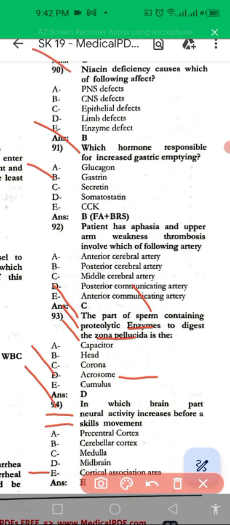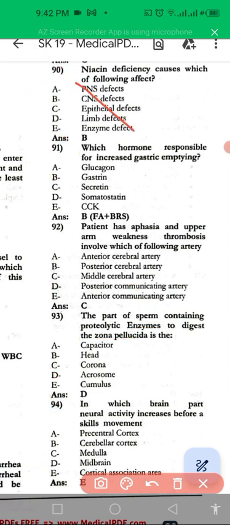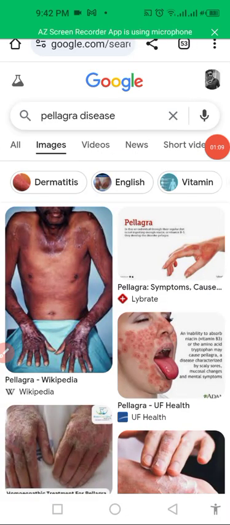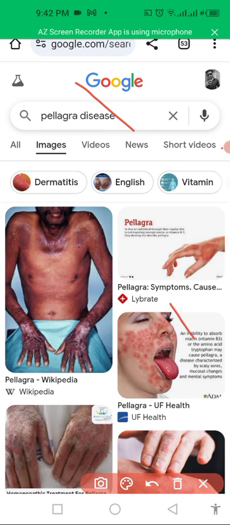Niacin deficiency causes which of the following? Central nervous system defects. Pellagra is the deficiency of niacin, vitamin B3, in which there is dementia, diarrhea, and dermatitis.